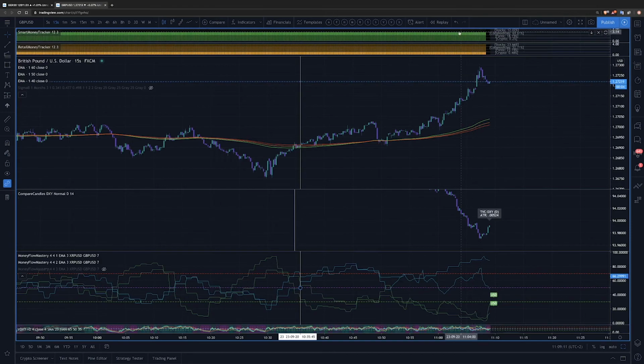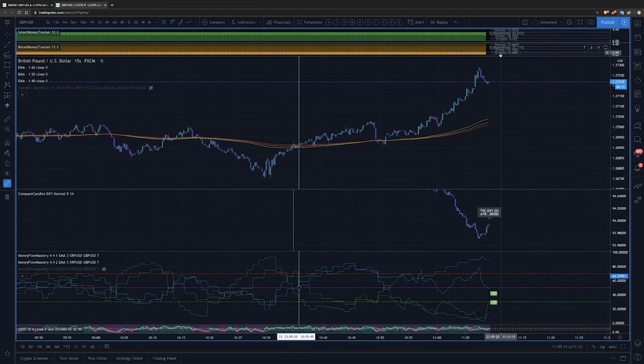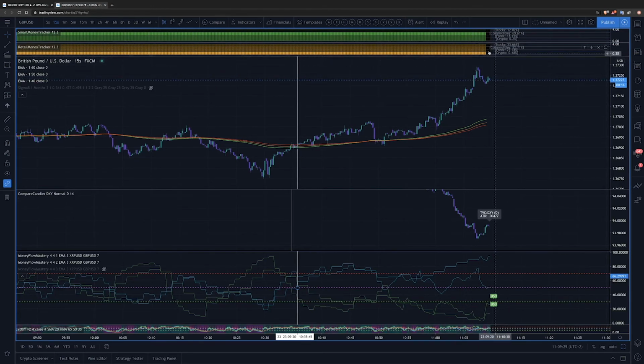Smart money appears to be mainly in commodities at the moment, whereas retail money, the new retail money tracker, used to be called Dumb Money Tracker, but we're trying to be respectful to all. And we've all been dumb money at some stage. They're into crypto, of course.